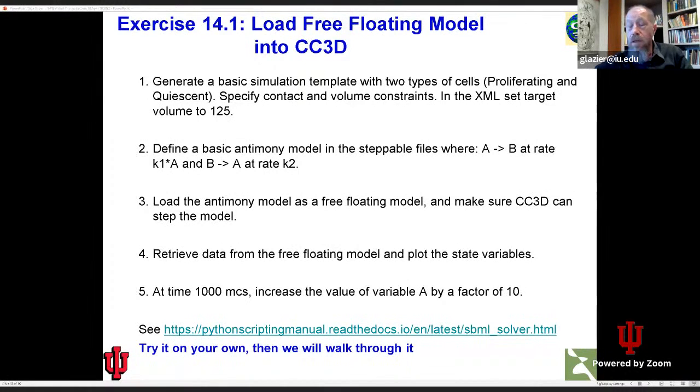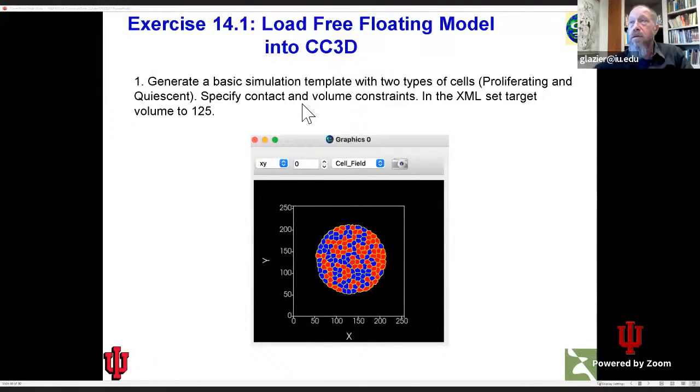So maybe let me just show you the couple of slides I have, and then you can come back to it. The first thing I did was just to try to create an XML for target volume of 125. I call them proliferating and quiescent, but they're just sitting there doing nothing, but they're two colors.